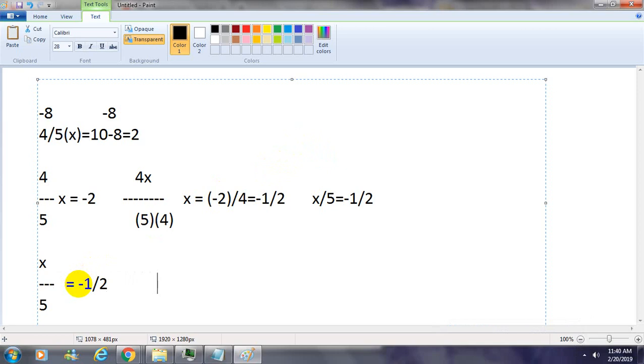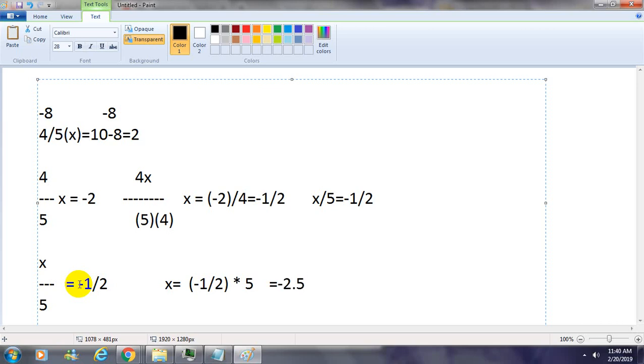So we have x divided by 5 times 5 is simply x. We blew that away. Now we have to multiply this half times 5. So then this is just simply, do it on your calculator, it's 2.5, okay?